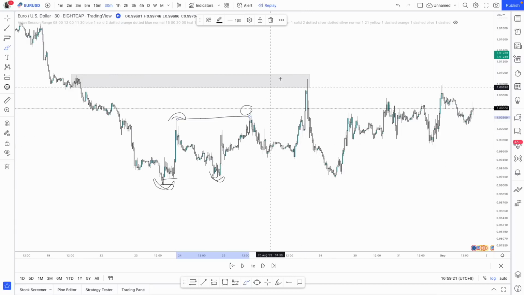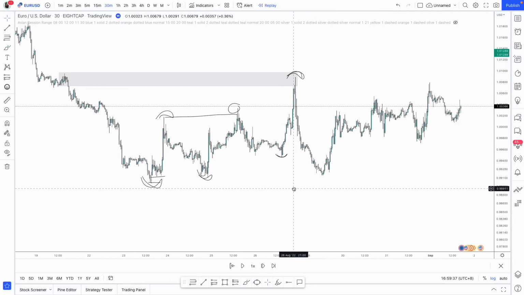They're expecting price to go up. What does price do? Higher low. This low right here is higher than the previous one. And then again, higher high. So price is making bullish price action until we tap into our order block, exactly where the banks have their orders in the market.